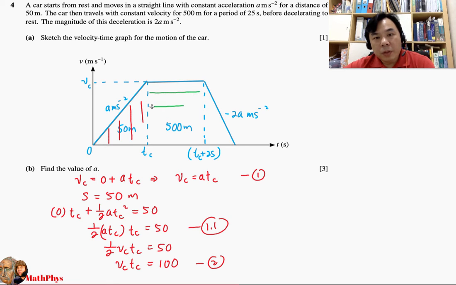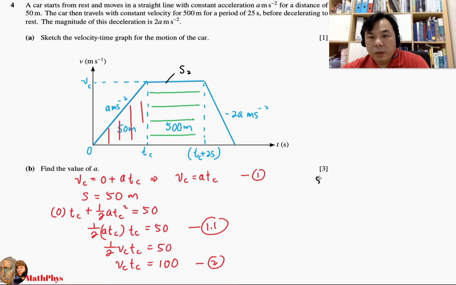second piece of information that we have here, which is 500 meters, the displacement. Okay, so we're going to use this 500 meter displacement. We don't know the VC for sure, but we know the time duration is 25 seconds there. So by looking at the second section, the displacement for this second section, I just call this S2.